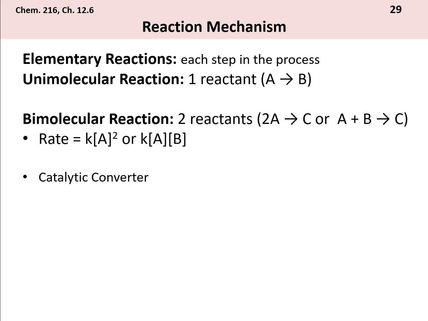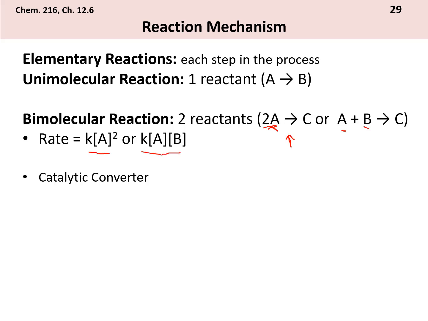Okay. We also have bimolecular reactions. Bimolecular reactions have two reactants. These can either be 2A going to C or A plus B going to C, right? Two reactants, okay? And so, in this case, the rate would be either Ka squared or Ka times B, right?